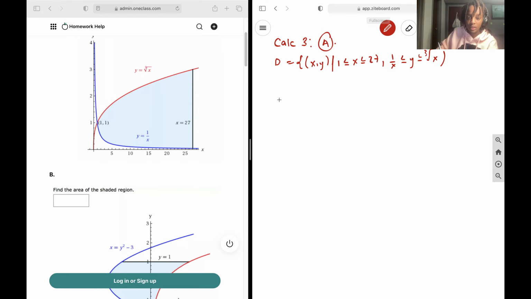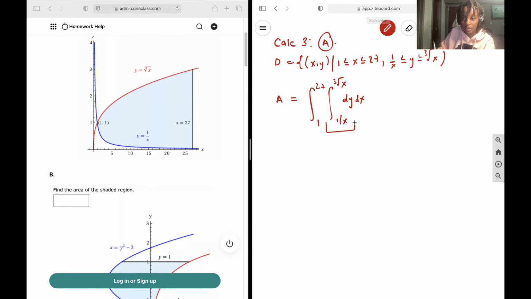And now we simply take the integral over that. So A would be equal to the integral as x goes from 1 to 27, the integral as y goes from 1 over x to the cube root of x, of dy dx.